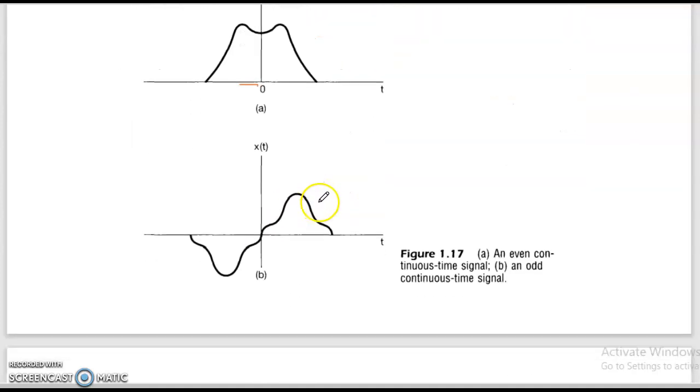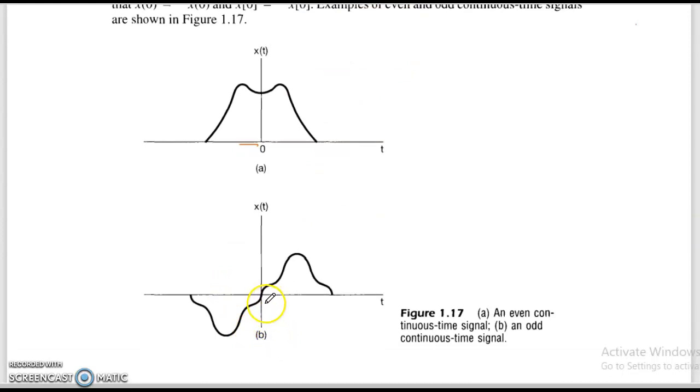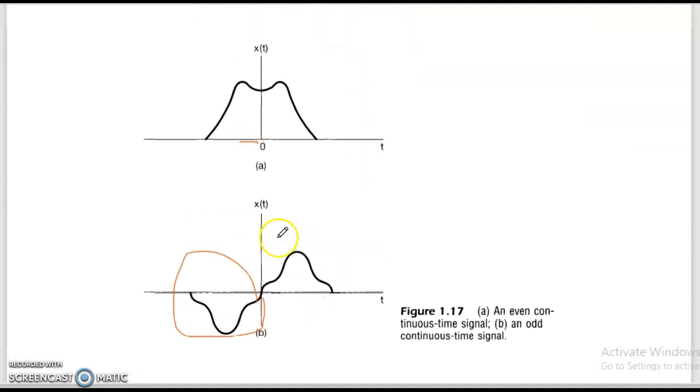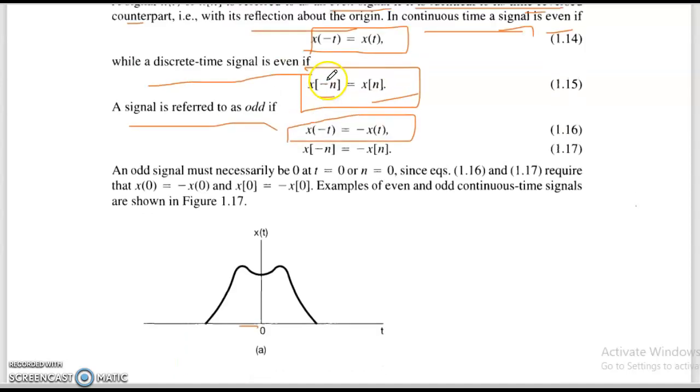That is, x of minus t equals minus x of t.